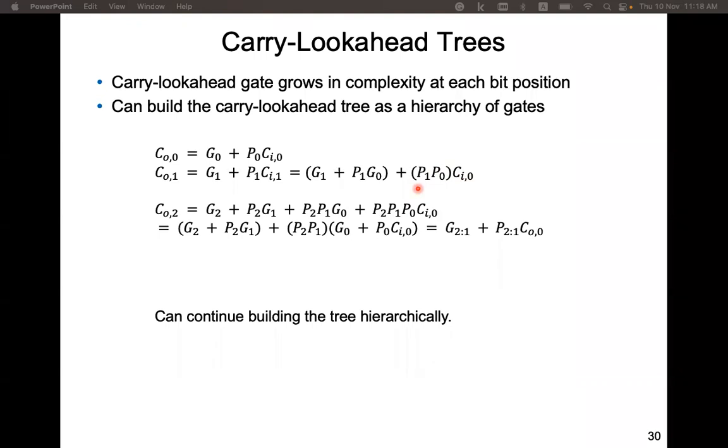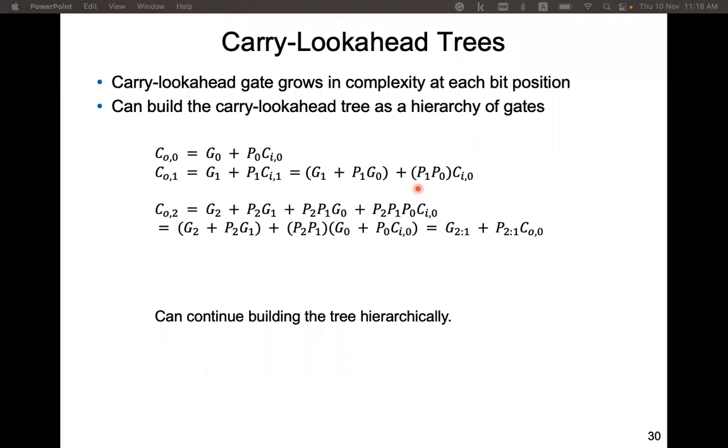It has carry in CI0, and it has inputs A and B. Then it can generate 2 intermediate outputs: propagate and generate. Let's call them group propagate 1 to 0 and group generate 1 to 0.